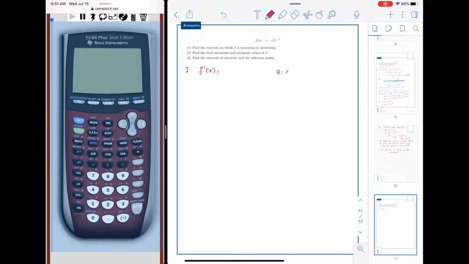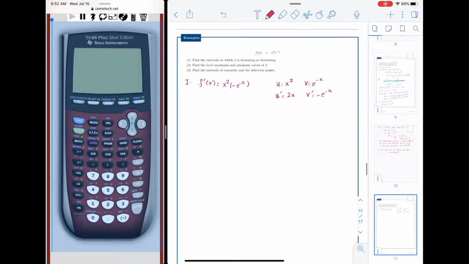So u is x squared, v is e raised minus x, u prime is 2x, v prime is minus e raised minus x. u v prime: x squared times negative e raised minus x, plus v u prime: e raised minus x, multiplied by 2x.